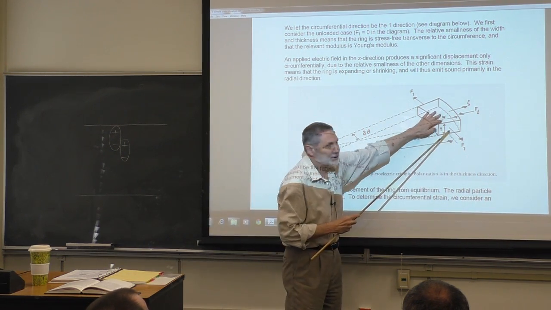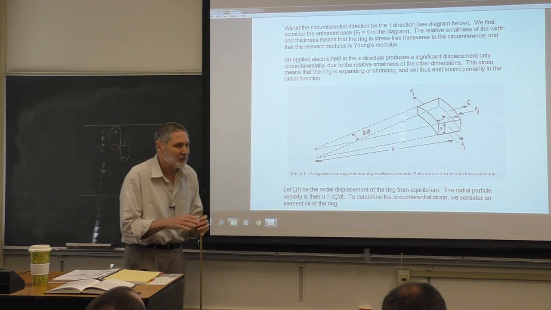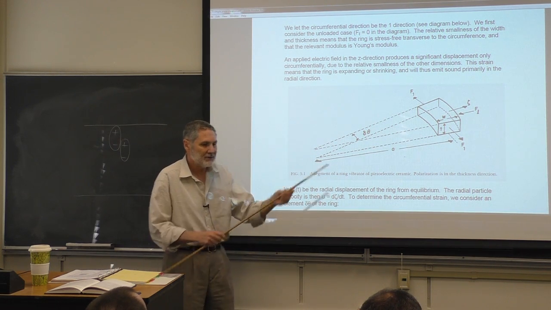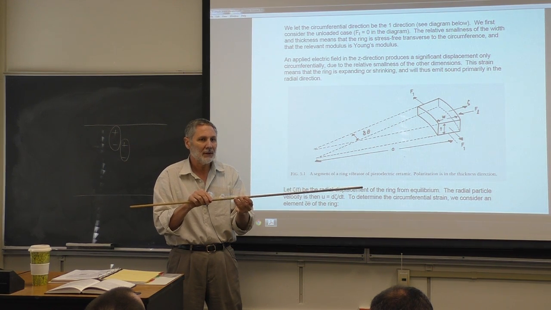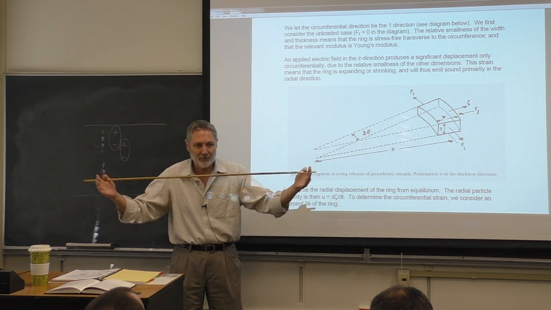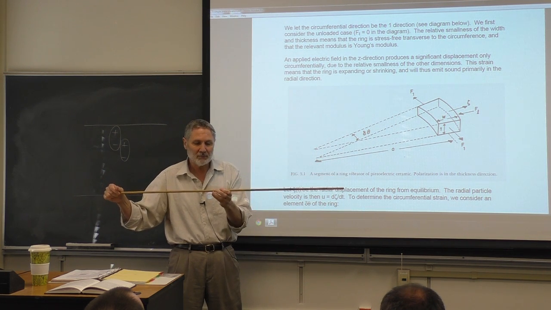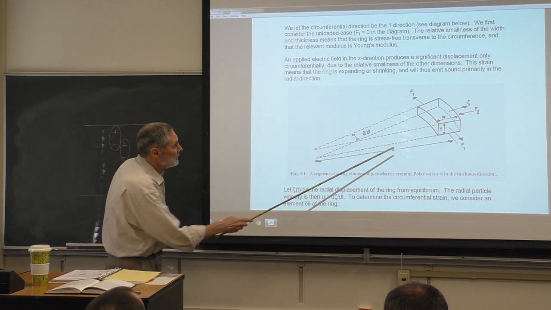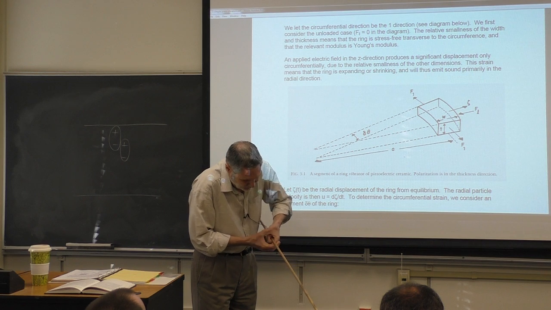These other values will change too, but because they're small compared to this, they're going to be negligible. The same thing happens in a long, thin bar, okay? The displacements of the ends are much greater than the displacements this way. So we don't worry about those displacements that are transverse to our main motion here.